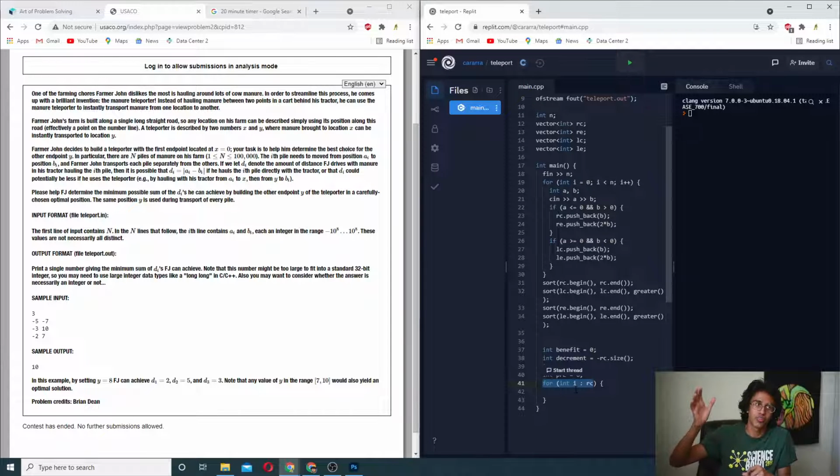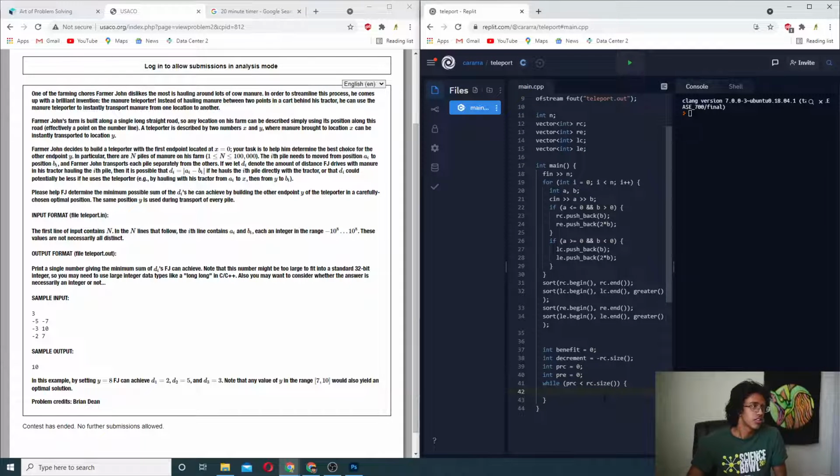It doesn't make sense to put the teleporter past the last guy. That just doesn't make any sense. So we will go while PRC is less than RC.size.